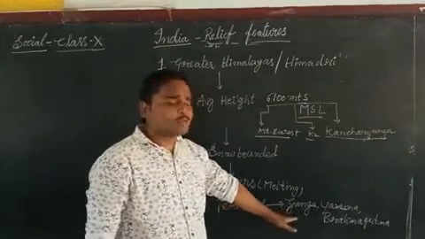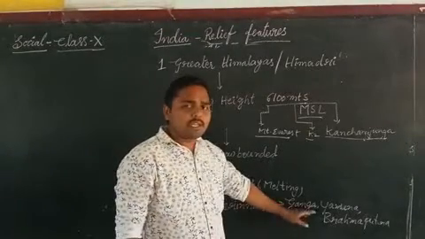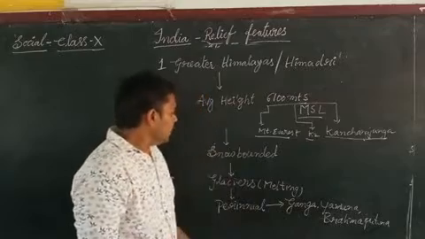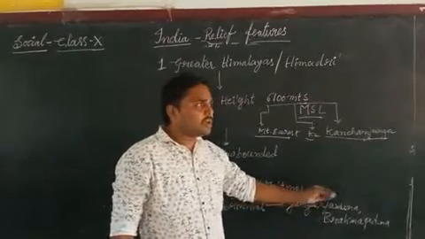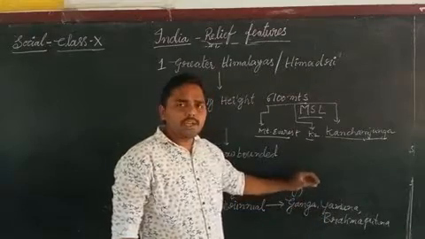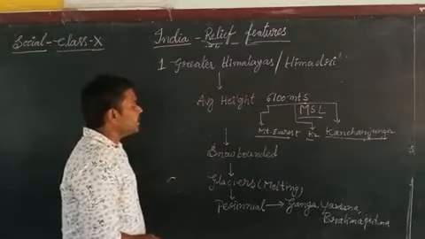Some examples are Ganga, Yamuna, Brahmaputra. They flow continuously throughout the year without any drying. That's why they are called perennial rivers.